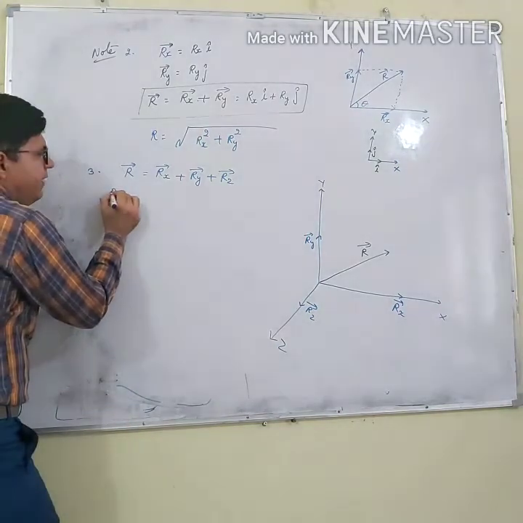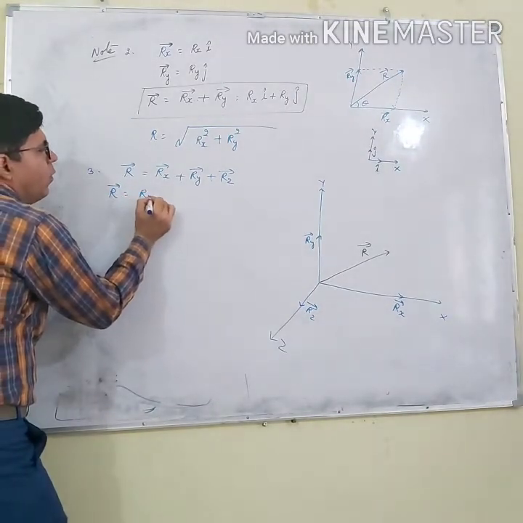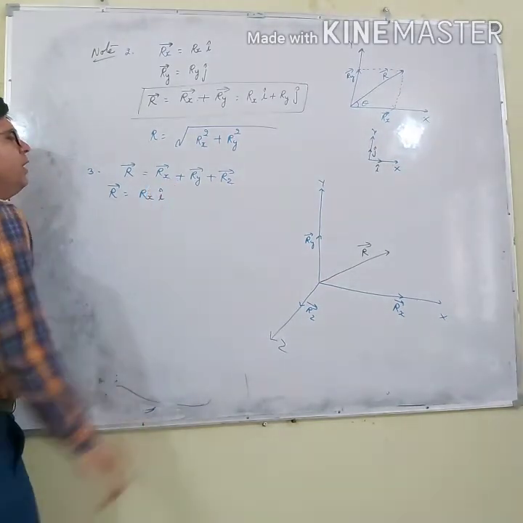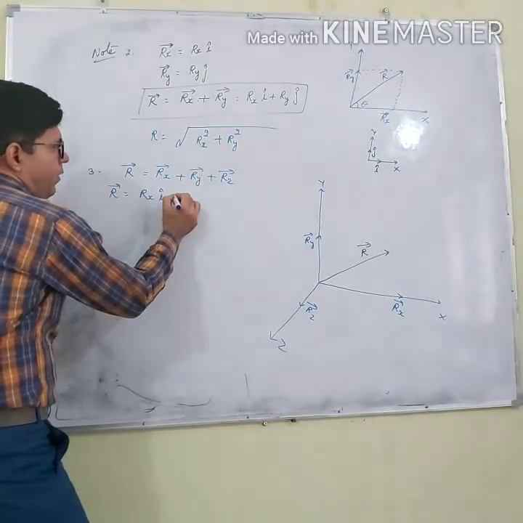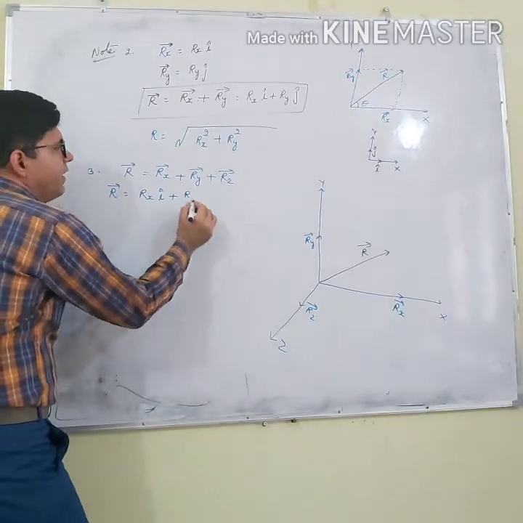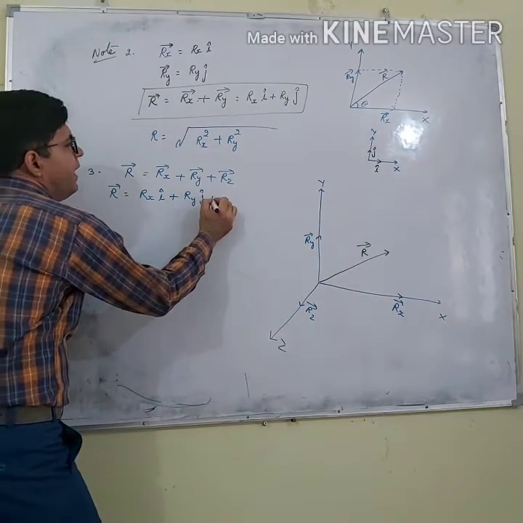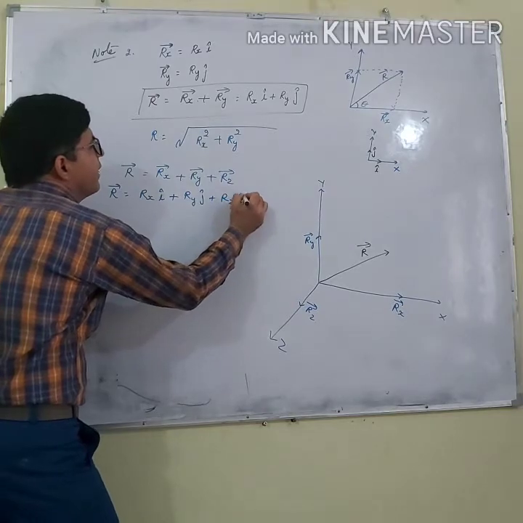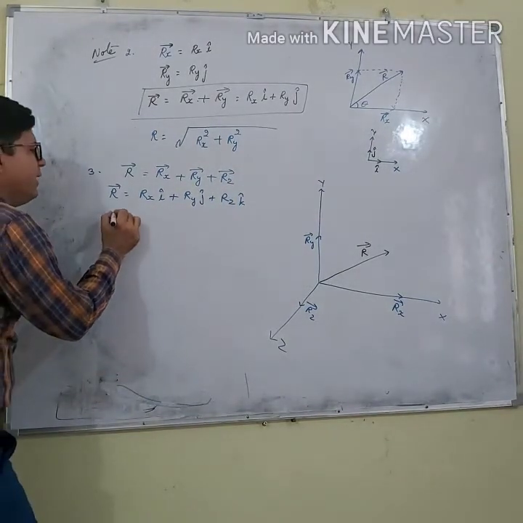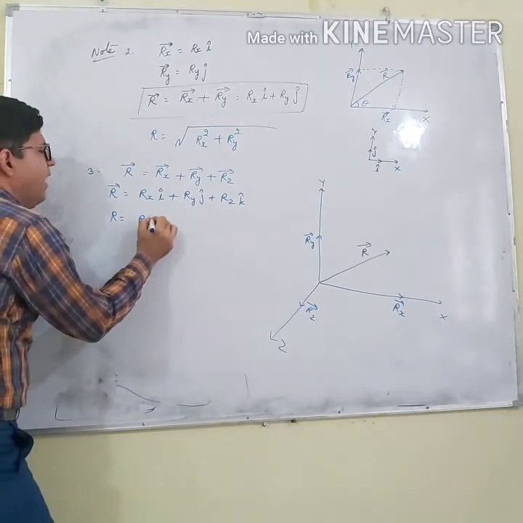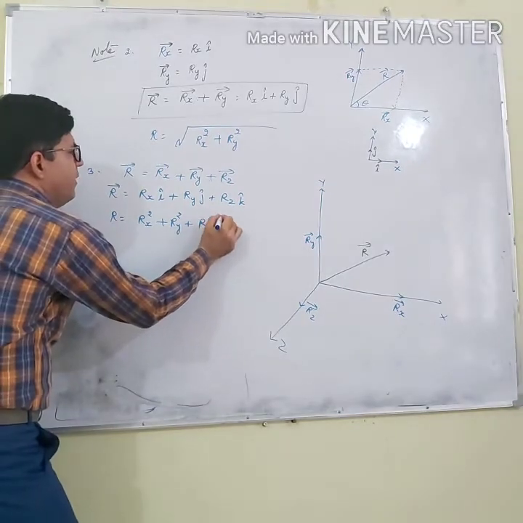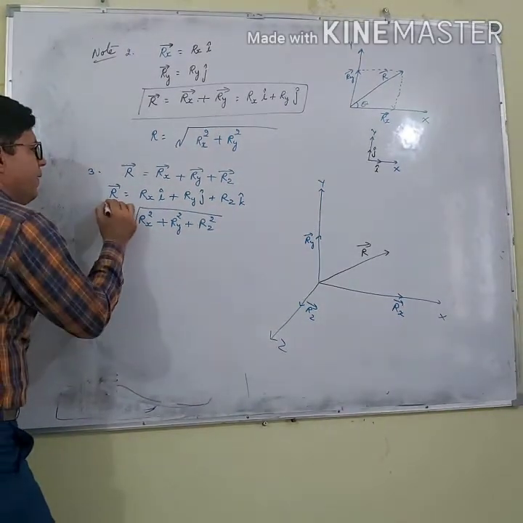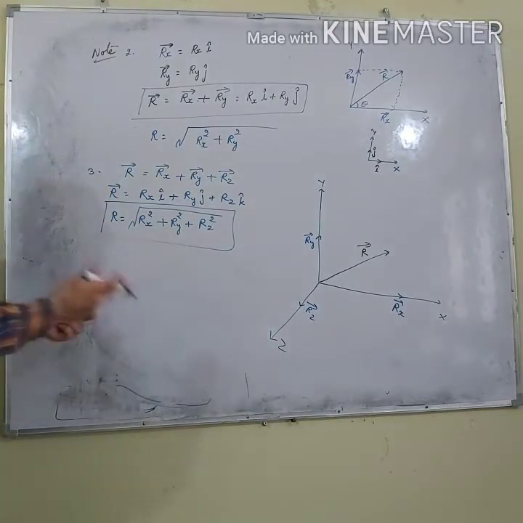I can also write vector R equals Rx multiplied by unit vector along x-axis, because unit vector only gives the direction, it does not change the magnitude because it is 1. Ry j cap, Rz k cap. So what is the magnitude of R? It is under root Rx square plus Ry square plus Rz square. Right? So here I am having this in 3 dimensions. Just I have extended this.